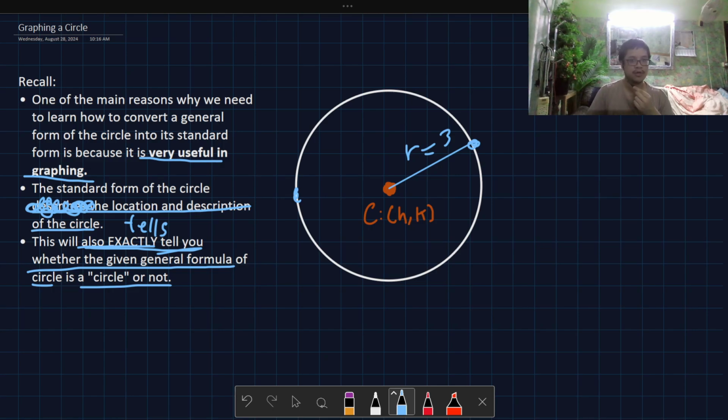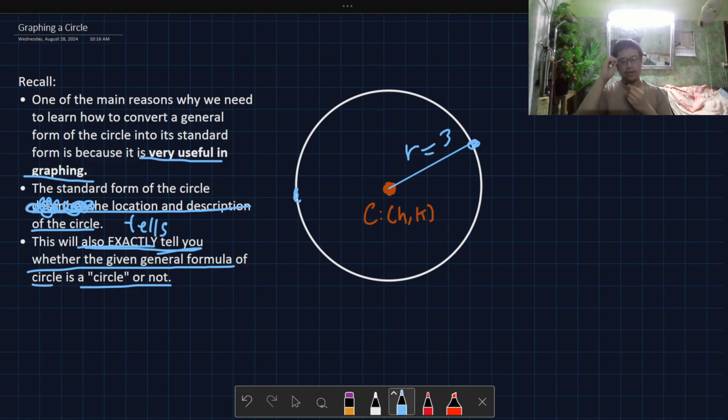General formula of a circle is a circle, nothing more, nothing less, right? But here, I said that if we know the standard form, it will also tell us whether the given general form is, in quotation marks, a circle or not. Why though? Why is there a distinction?